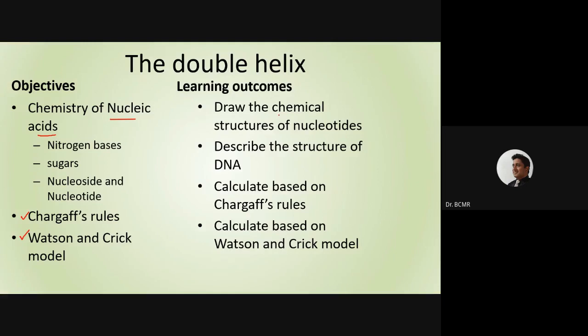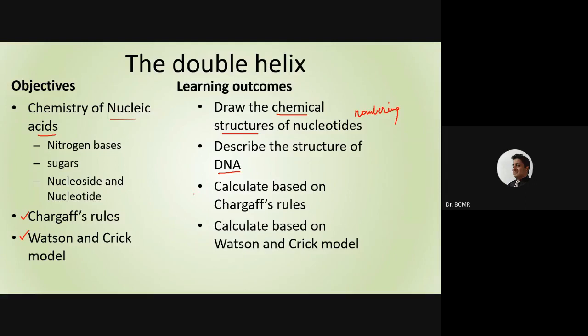You are supposed to know the chemical structures, usually up to 5 marks or 5 to 10 marks. It could be dependent on your ability to memorize and reproduce chemical structures along with numbering. And you should be able to describe the structure of DNA, the double-stranded, and so on.